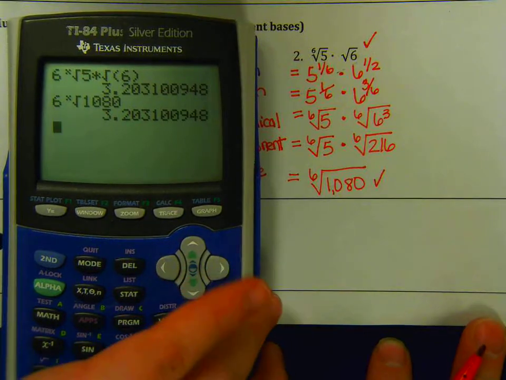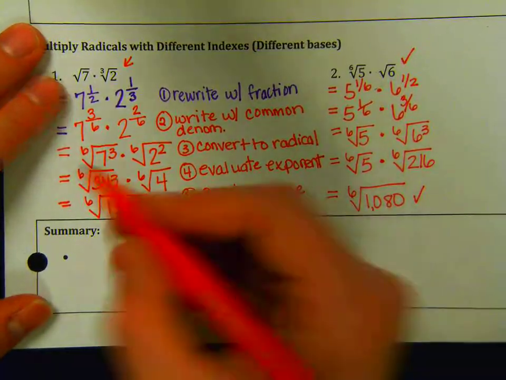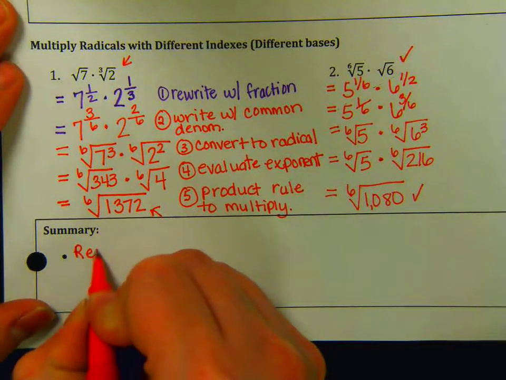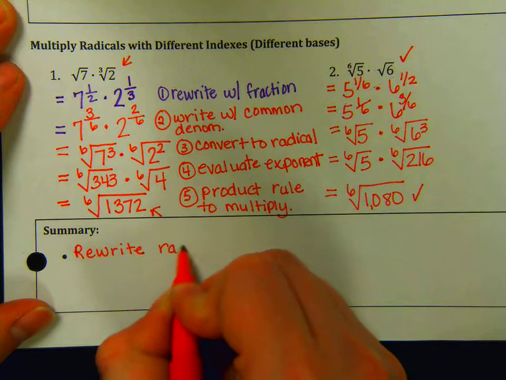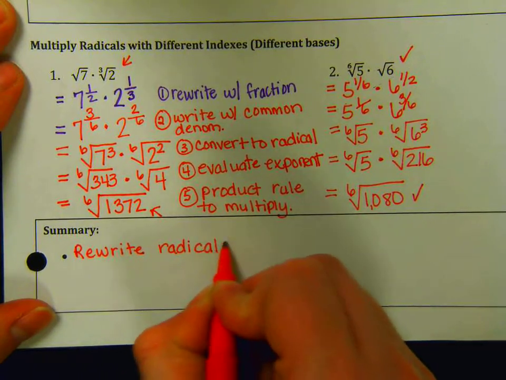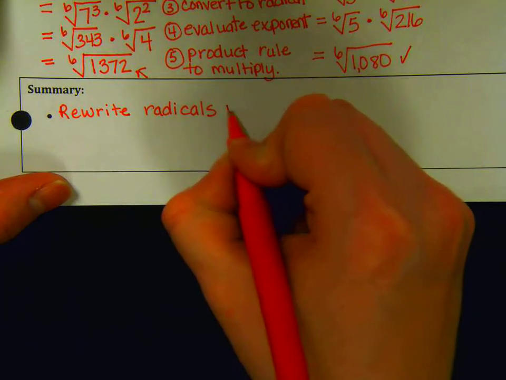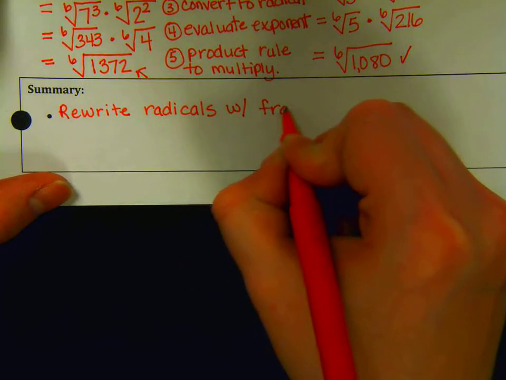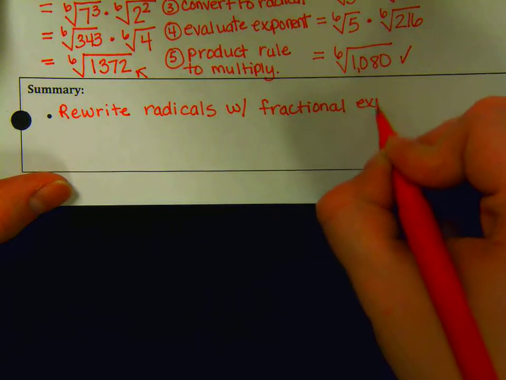Your summary for this one, I'm going to have you write down just those steps. So your first step, you rewrite radicals with fractional or rational exponents.